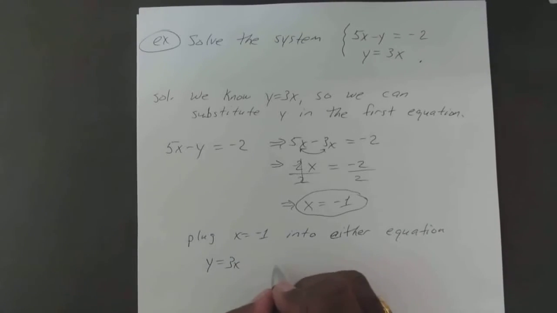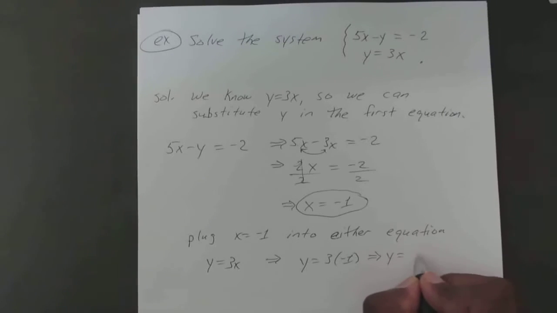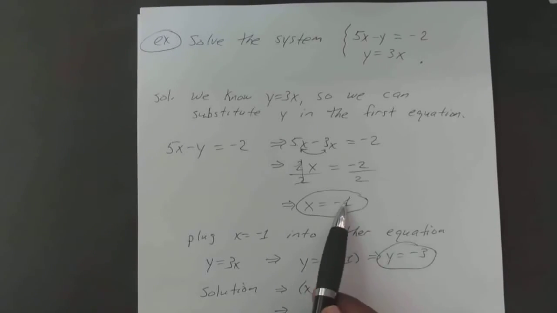Okay, so that means that y equals 3x will actually become y equals 3 times negative 1. So y equals negative 3. So your solution, which is always in the form of x comma y, is just going to be negative 1 comma negative 3.